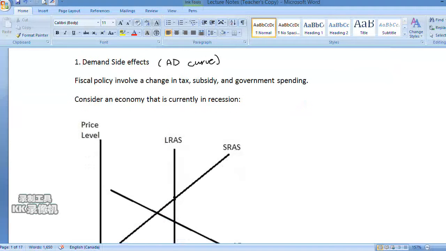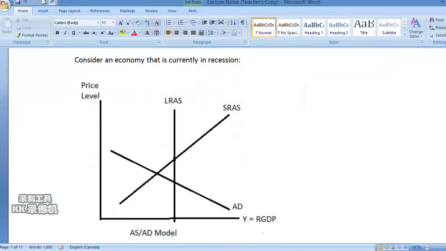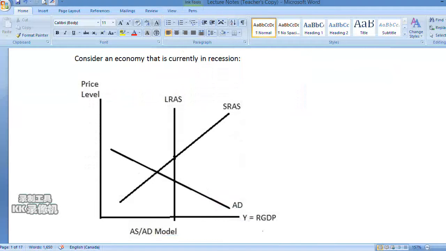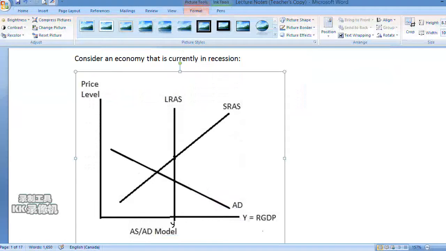So consider an economy that is currently in recession. As we can see, this is the Y potential, so the full employment output, and currently the economy is operating at this point A. So we say that there is a recessionary gap because the economy is currently producing below its potential level.